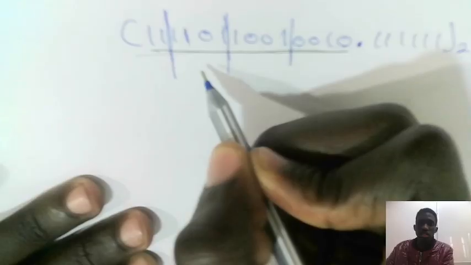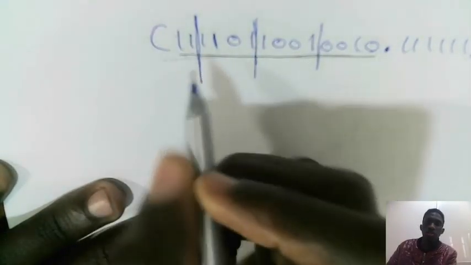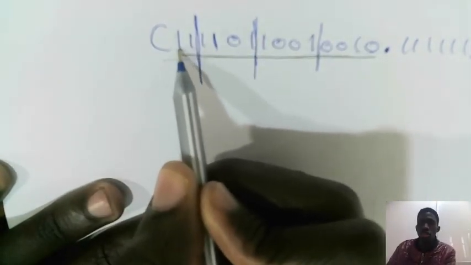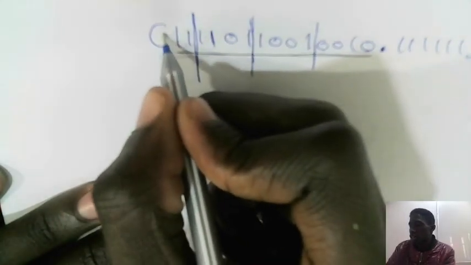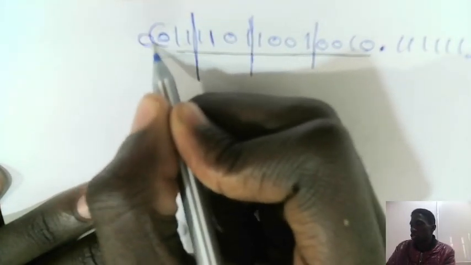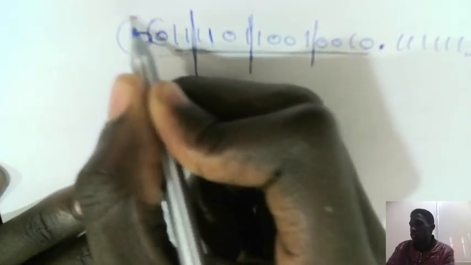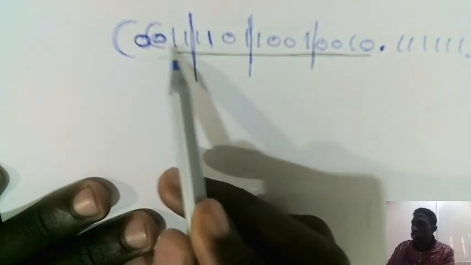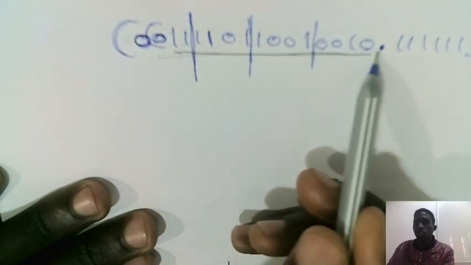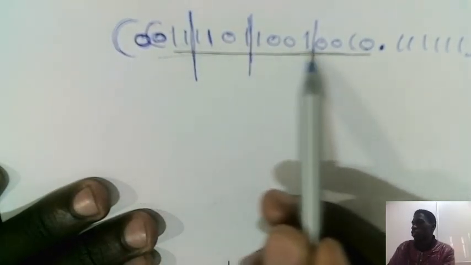Now, in this part here, I only have 2 bits, not 4 bits. What do I do? Easy. Just add zeros to make it 4. Add 2 zeros. If you notice, 001 is still the same thing as the number itself.